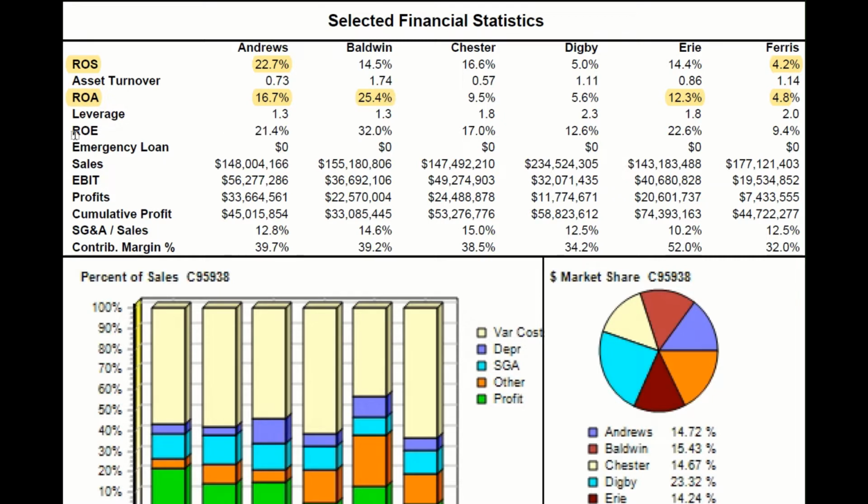The third one here is a comparable unit of measure, namely return on equity. This talks about equity dollars as opposed to revenues or assets. As you can see, Baldwin is most efficient with the equity investments they get, and then we see Erie is second. What this tells us, at least at a very macro level, is that these companies are employing this investment dollar, in this case the equity dollar, much more effectively than, for example, Ferris in our data.